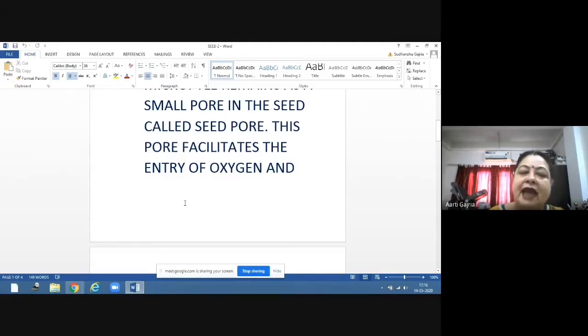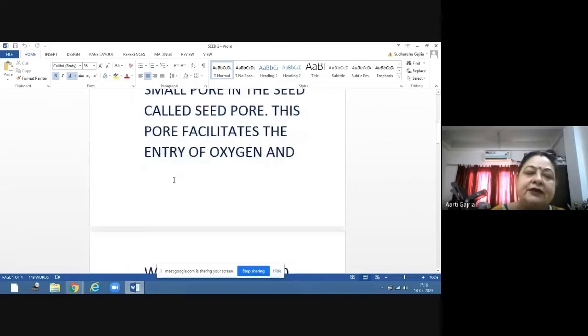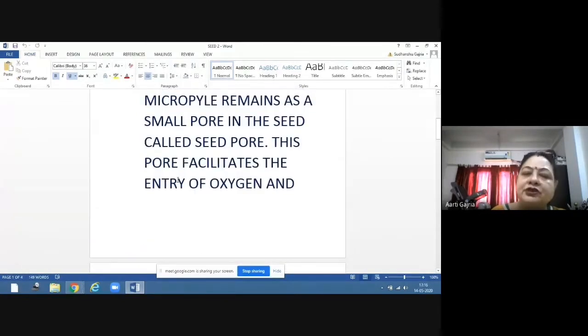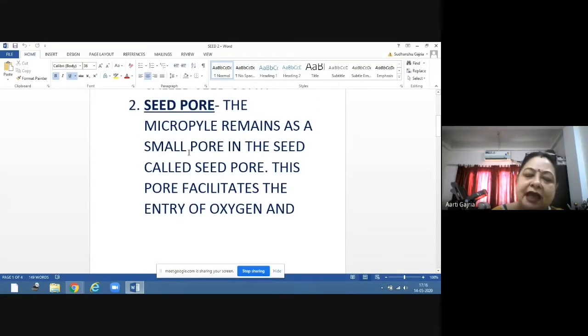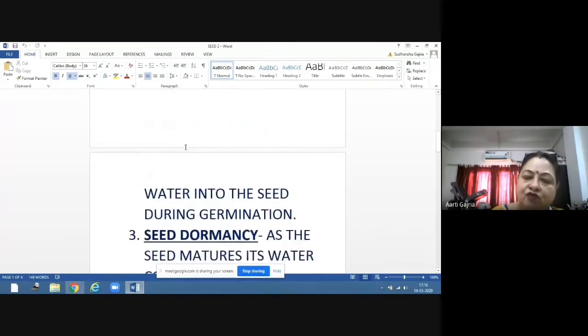So this oxygen and water is provided to the germinating seed through this pore.